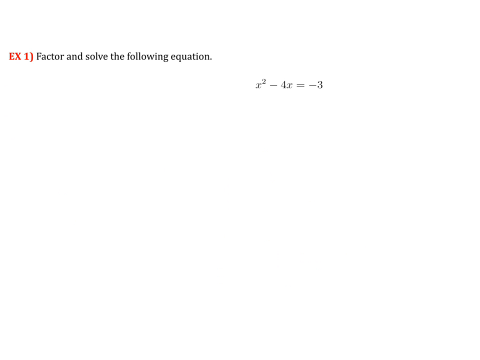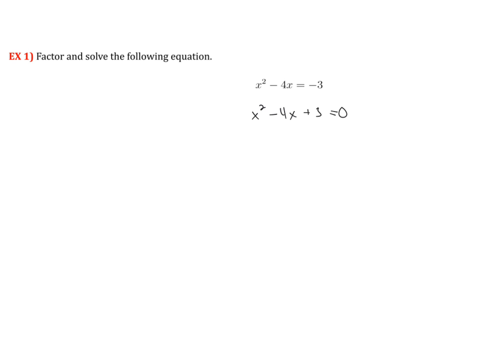In example 1, they want us to factor and solve the following equation. If you came across this equation, maybe you added 3 to both sides, and we would end up with x squared minus 4x plus 3 is equal to 0.